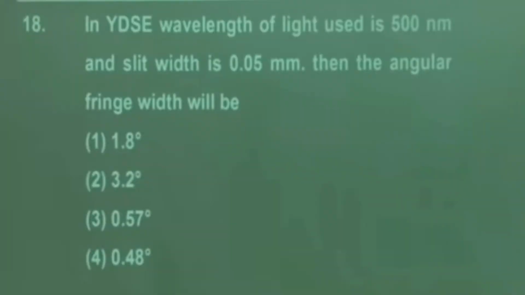So, in Young's double slit experiment, the wavelength of light used is 500 nanometers and the slit width is 0.05 millimeters. Then angular fringe width will be?